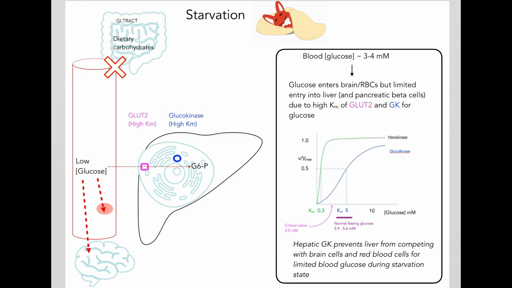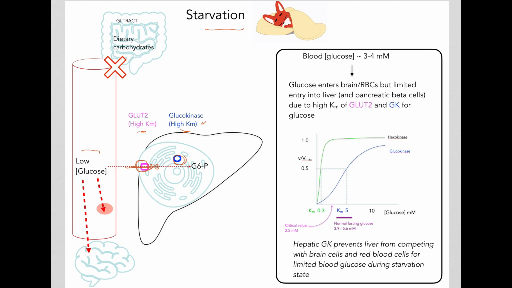So this means during starvation periods, GLUT2, again, because of its high Km, is not transporting enough glucose inside the hepatocytes, and also because of the high Km of glucokinase, it's not working very rapidly. It's only working about 20-30% of its Vmax.